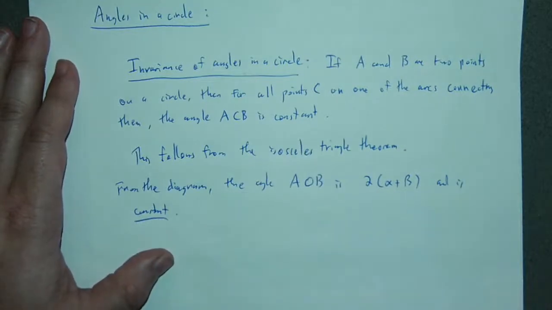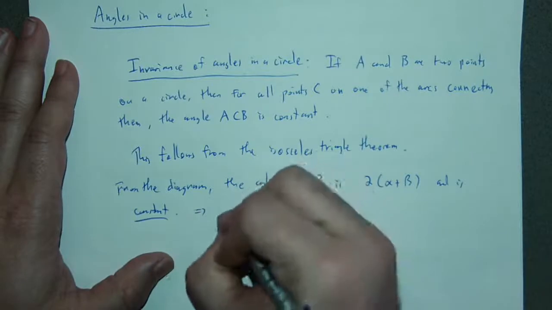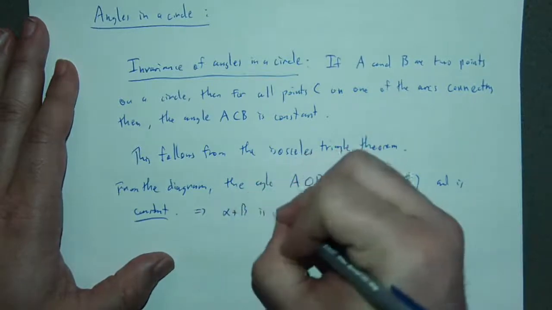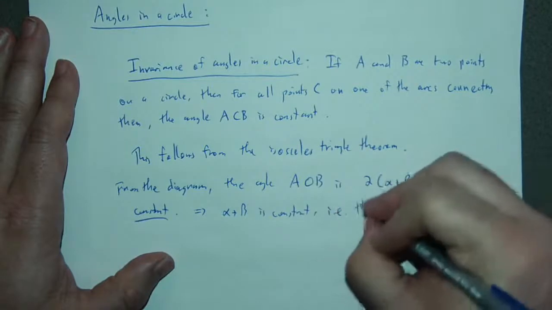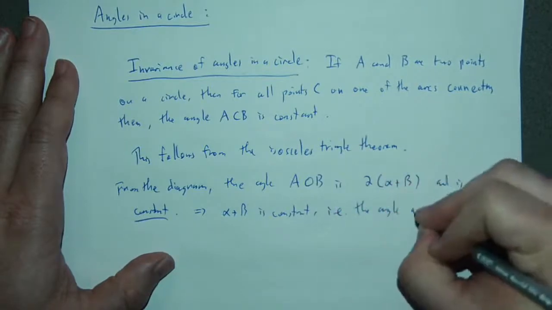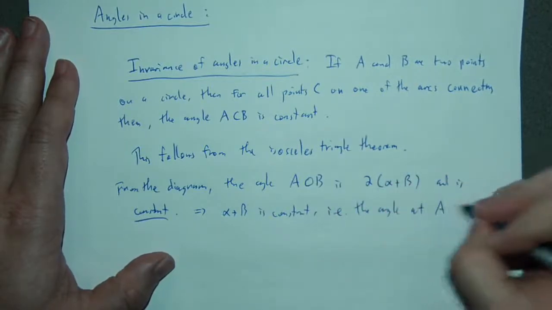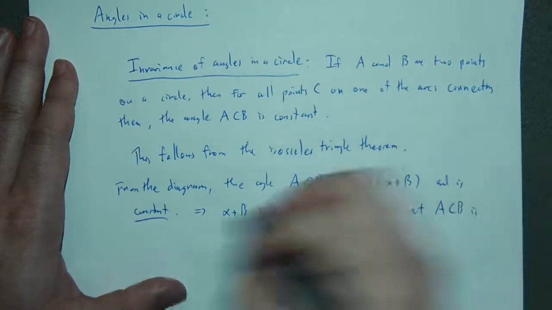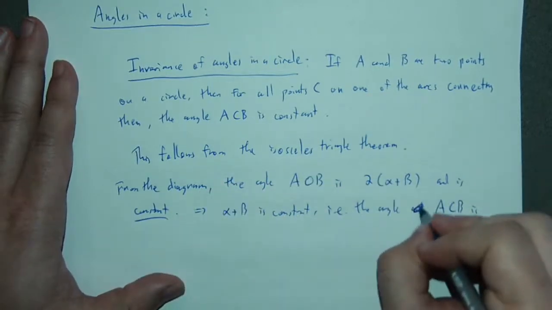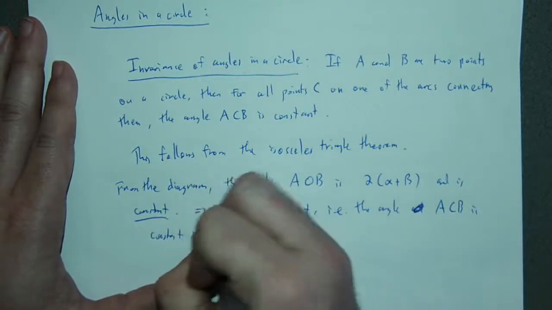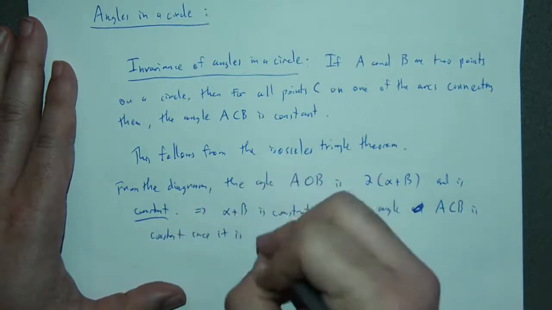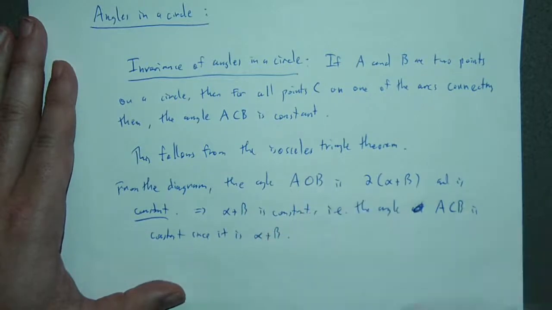But if 2 times alpha plus beta is constant, that is, alpha plus beta is constant, i.e., the angle ACB is constant, since it is alpha plus beta.